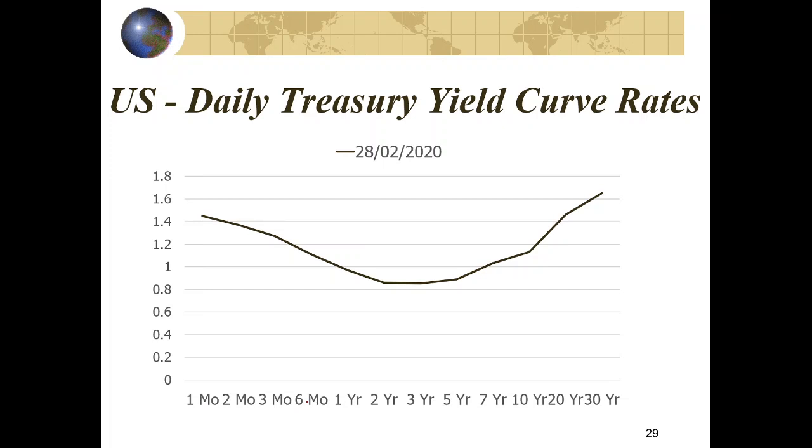These are the bills. They also issue 2, 3, and 5 year treasury notes, which have a medium-term maturity, and they also issue 7, 10, 20, and 30 year treasury instruments.